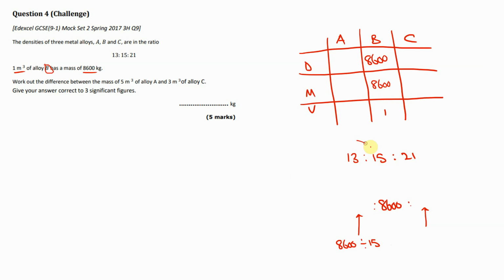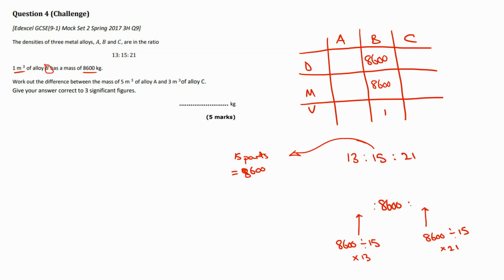So this is meaning 15 parts equals 8,600. Well, to find 13 parts, I want to divide by 15 to find one part, then times by 13. And to find 21 parts, I want to do 8,600 divided by 15 times by 21.